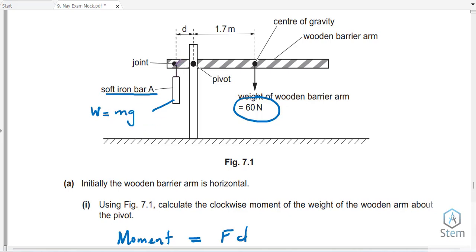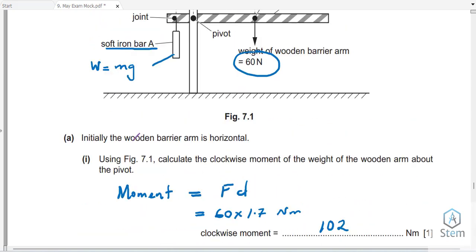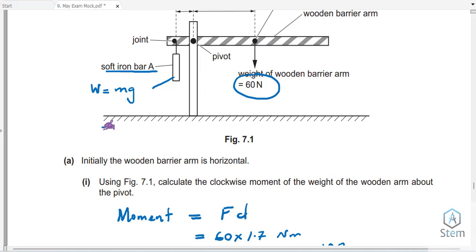The weight is the downward force due to the soft iron bar right there. So mg, m is 23 and g is 9.8. That gives us 225.4 newtons.